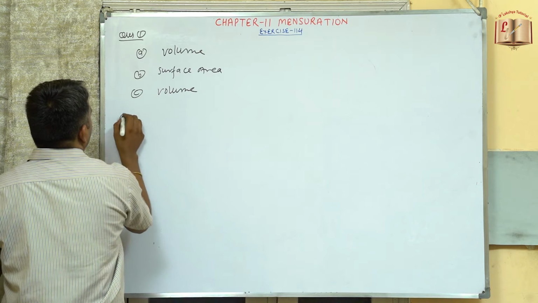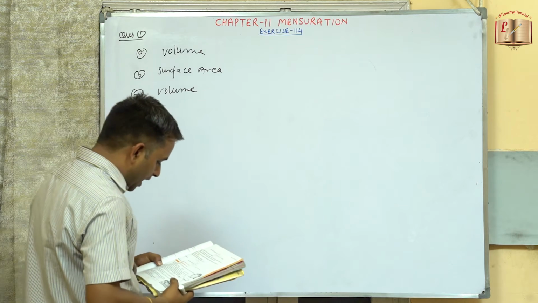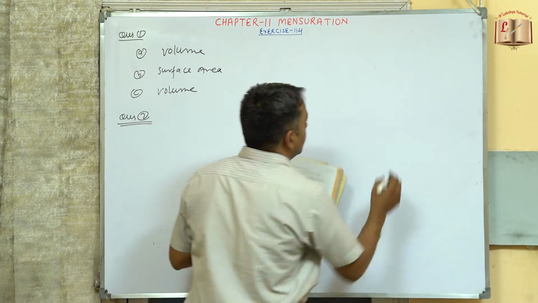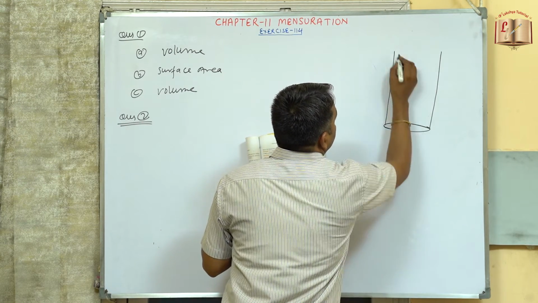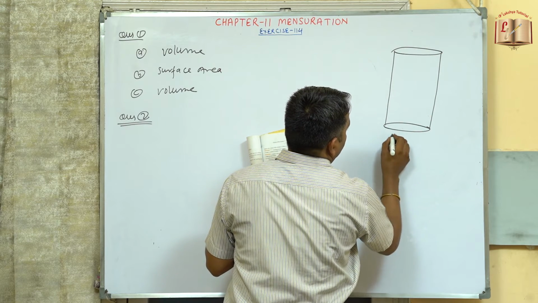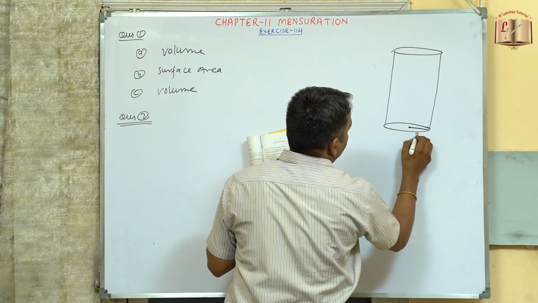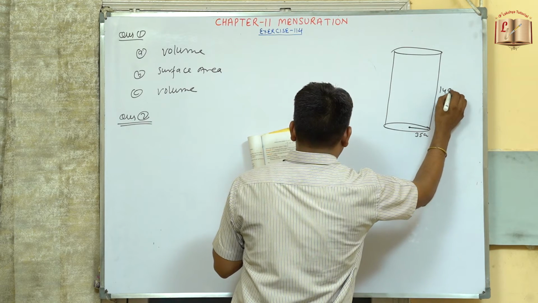Now coming to question number 2. Here it is cylinder A given to us. The diameter is 7 centimeter, so the radius will be 3.5 centimeter, and the height is 14 centimeter.